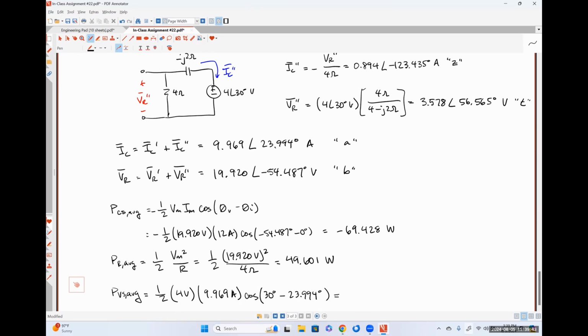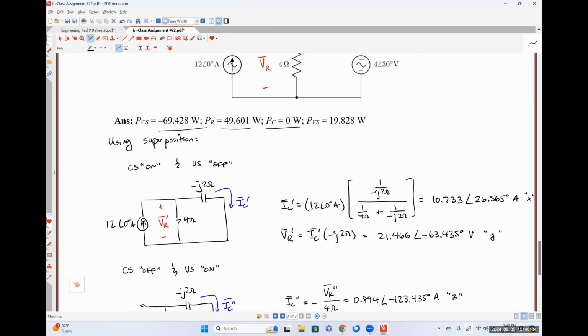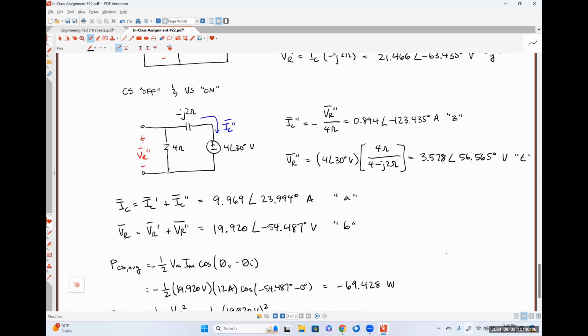So plugging this in, 0.5 times 4 times 9.969, cosine 30 minus 23.994. I get 19.8285, so 19.829 watts. And again, a little bit of rounding error there, but no big deal.